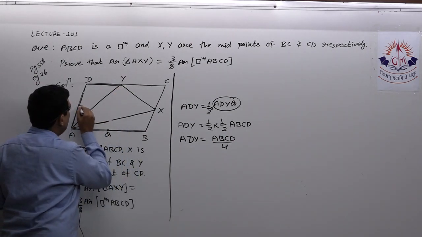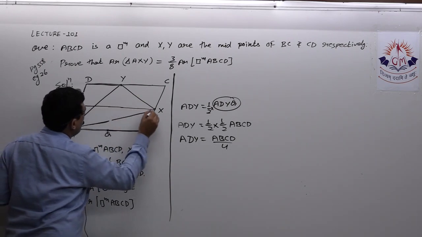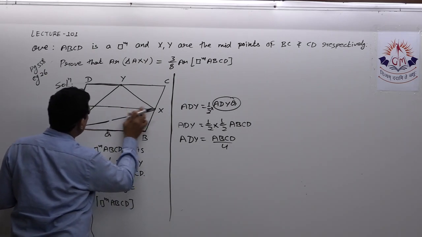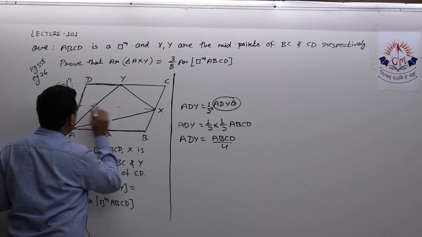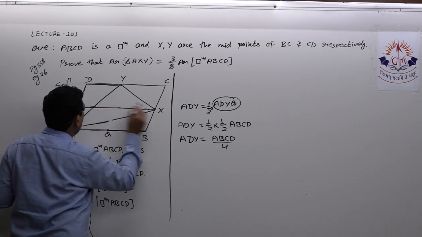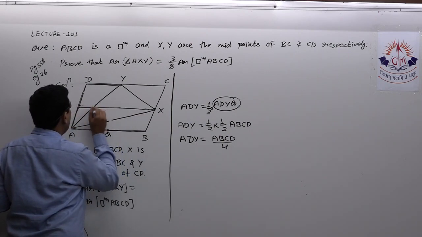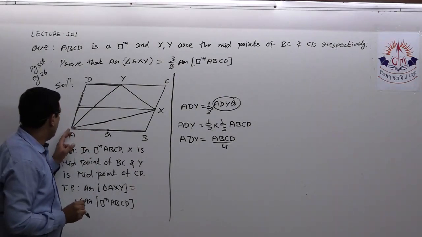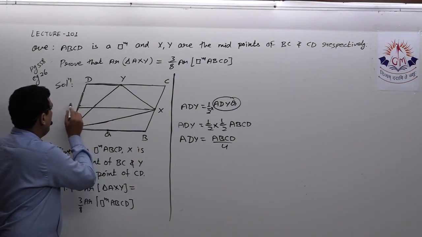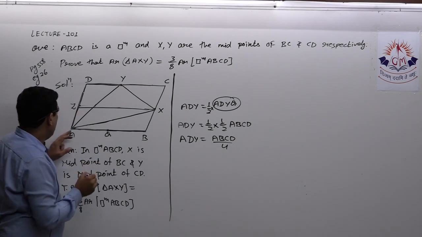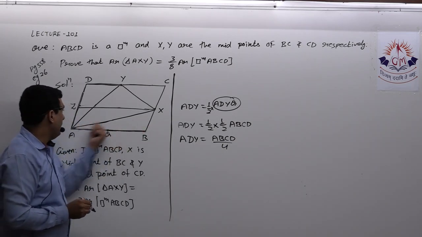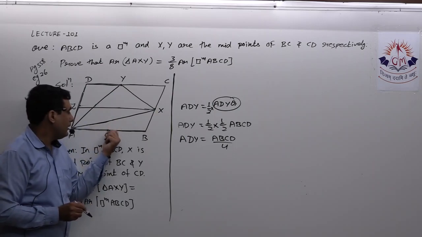Now if I draw a line parallel to CD from point X, let this point be Z. Then ABXZ is a parallelogram again, and AX is its diagonal.